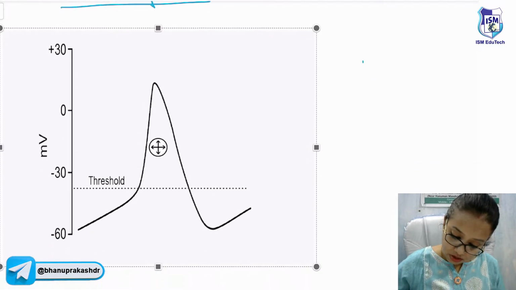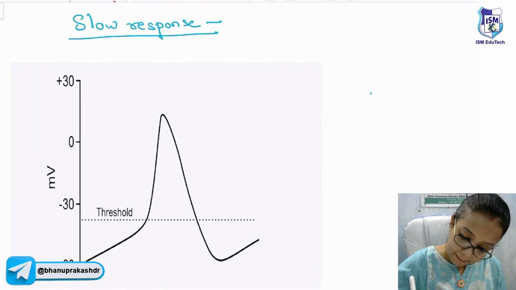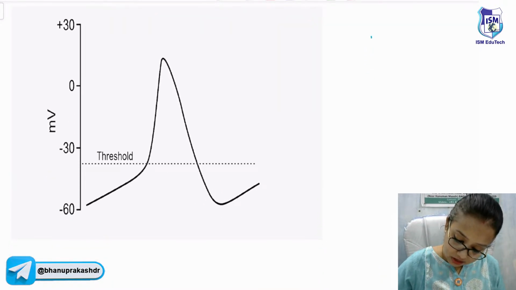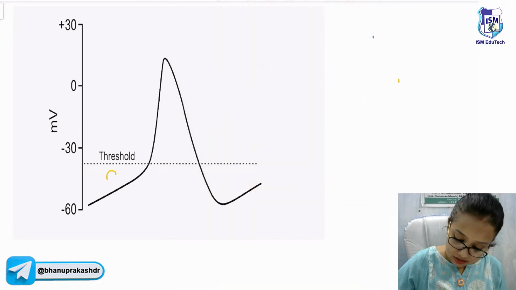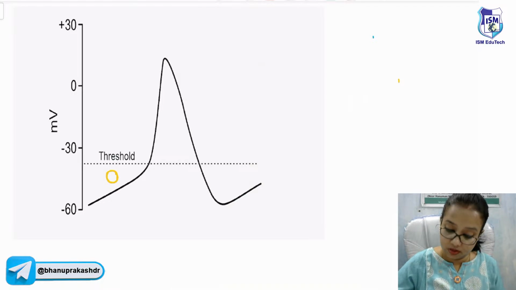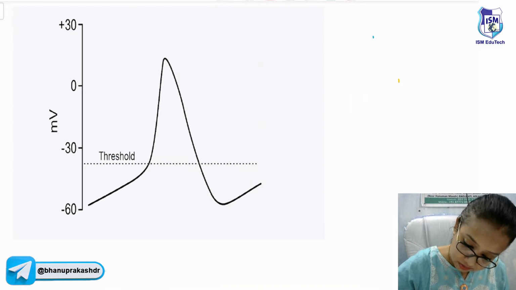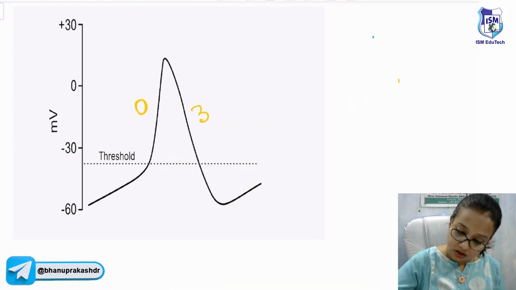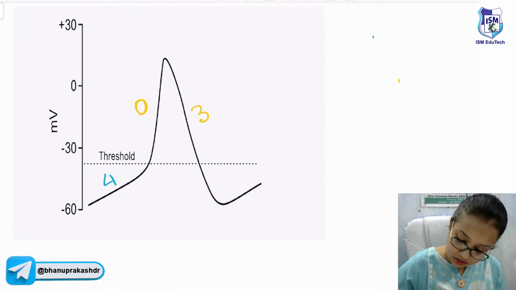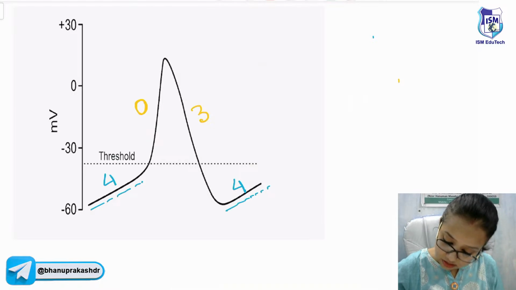The phases in the slow response are the zero phase, the phase 3, and then the phase 4. This one is phase 4.